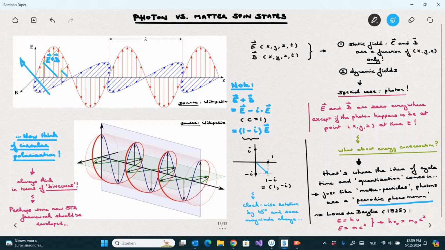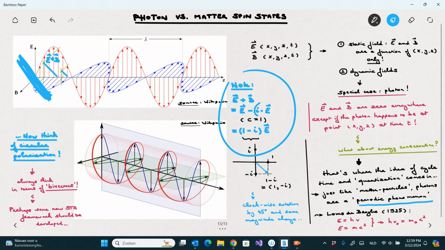You can see in this picture we have a vector going up and down, a bivector, I would say, which consists really of two vectors, the electric field vector and the magnetic field vector. You can write that bivector because the magnetic field vector's magnitude goes up and down with the electric field vector.